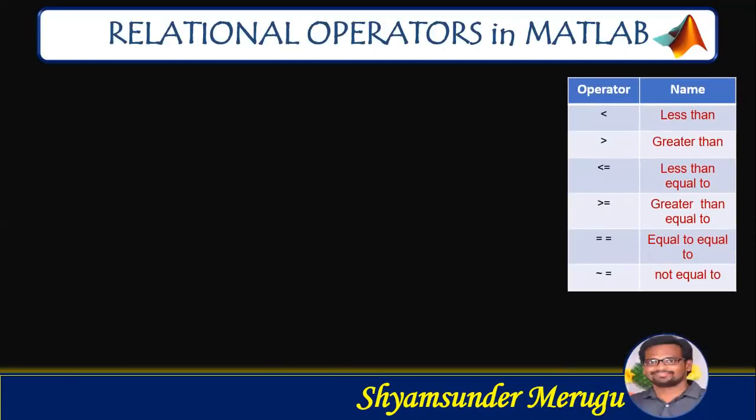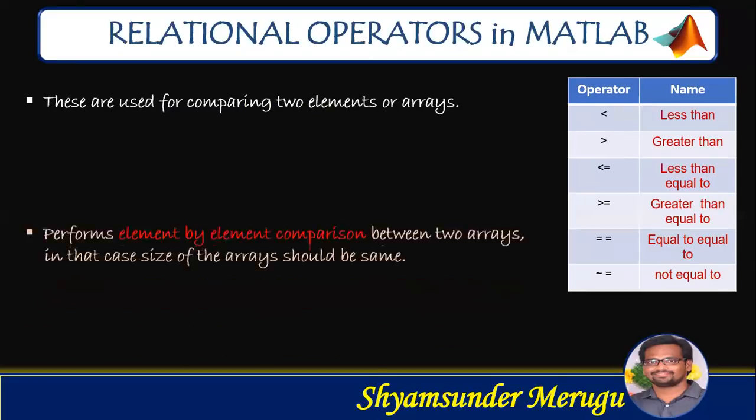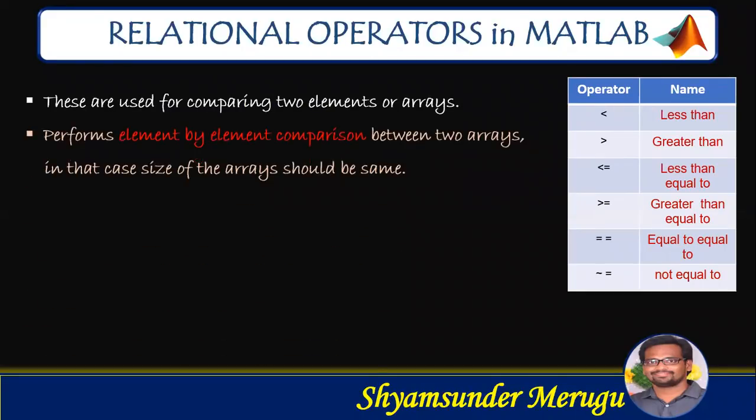Coming to relational operators, there are various relational operators supported by MATLAB, like less than, greater than, less than or equal to, greater than or equal to, not equal to. These are used for comparing two elements or arrays. They perform element by element comparison between two arrays.